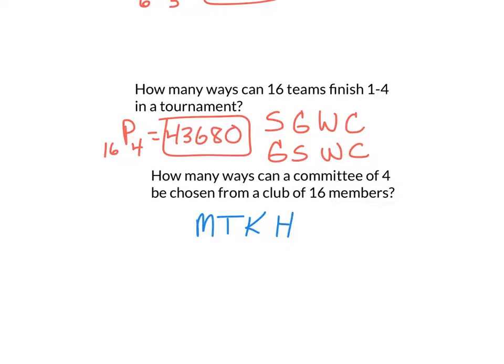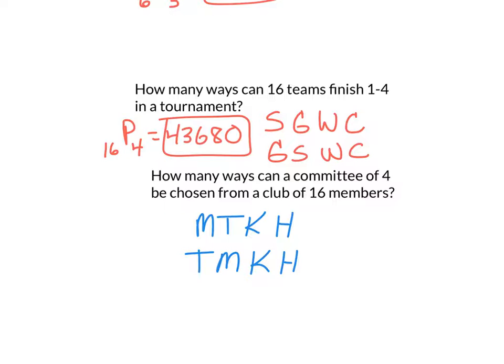Is that the same committee as Taylor, Michaela, Caitlin, Holden? Yes. It is the same committee, so order doesn't matter. So I cannot use a permutation on the second one. So the question is, what do I do when order does not matter? So we're going to chase that rabbit next. So we'll come back to this problem and finish it. We just don't have the tools to finish it yet.